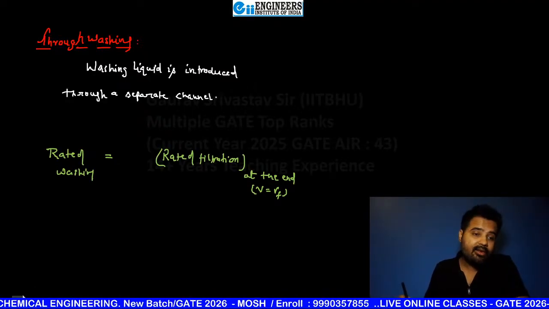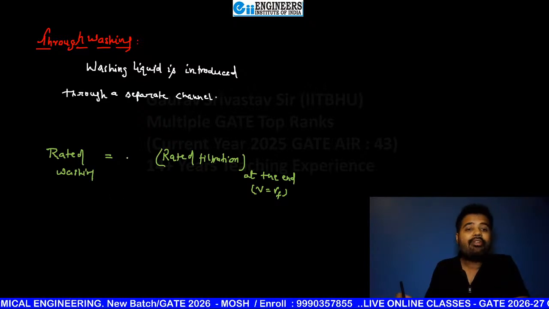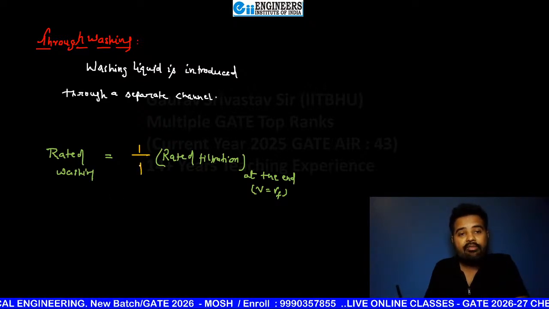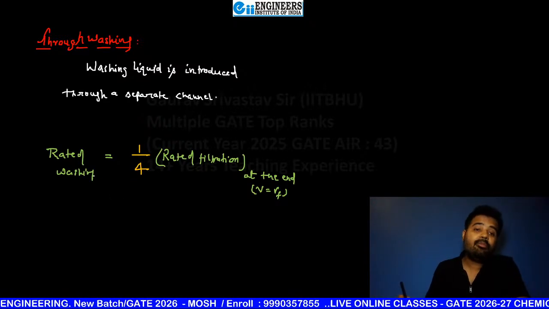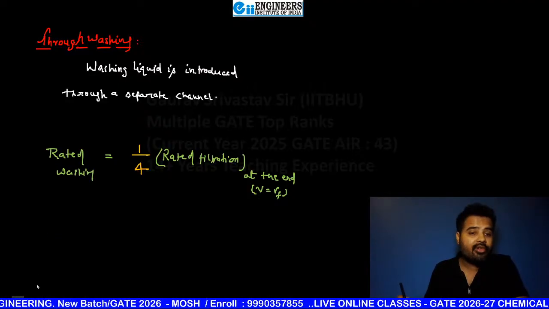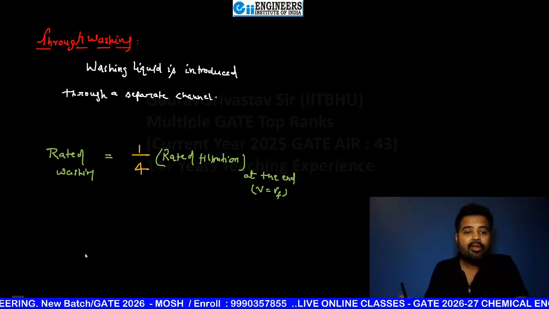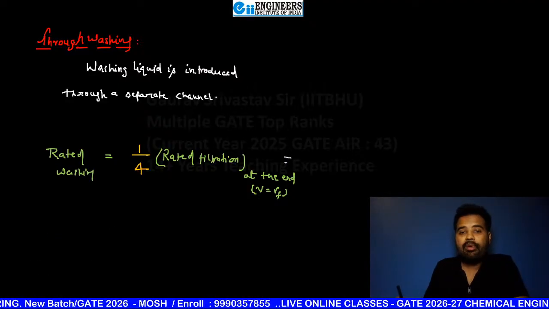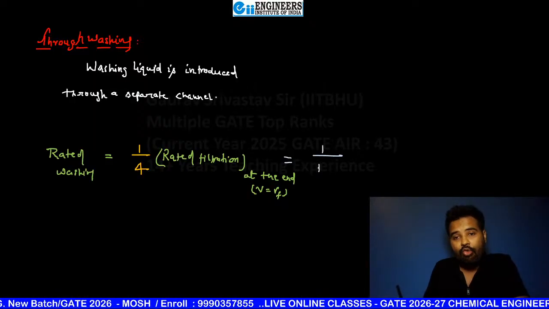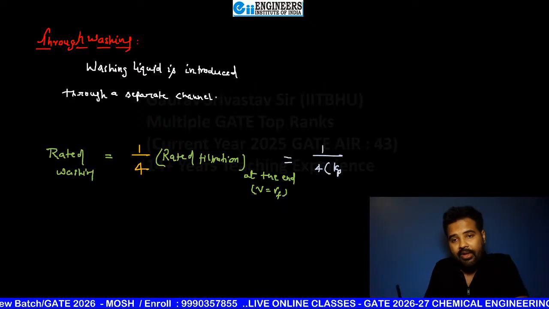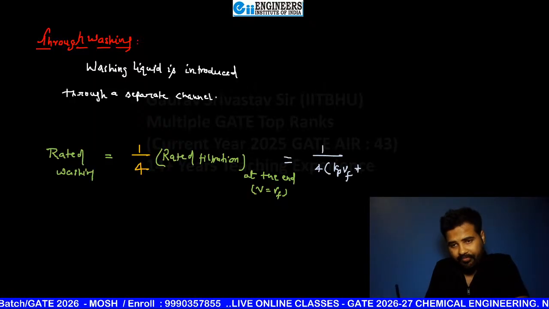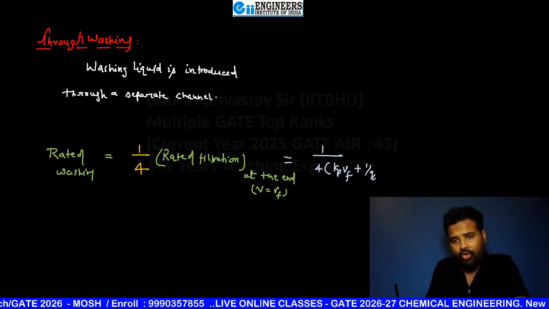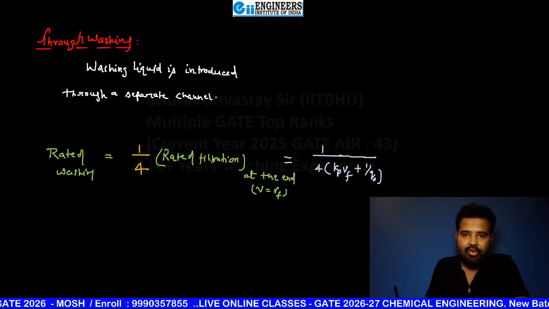But here one factor comes, 1 by 4. That means 1 by 4 of rate of filtration. So after calculation completely you can write 1 by 4 of Kp Vf plus 1 by q naught, or you can write just B.